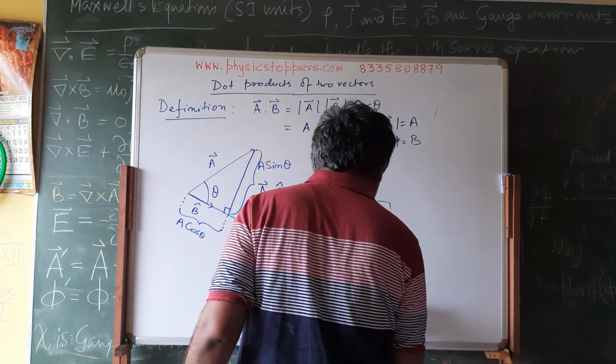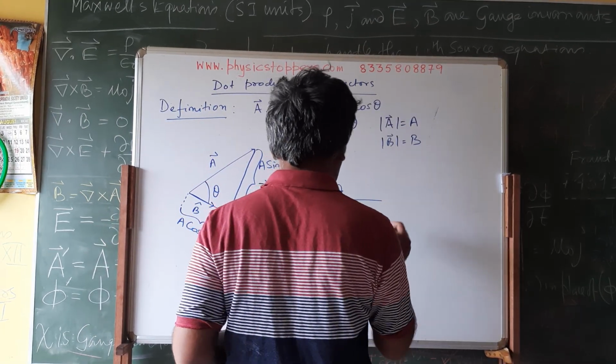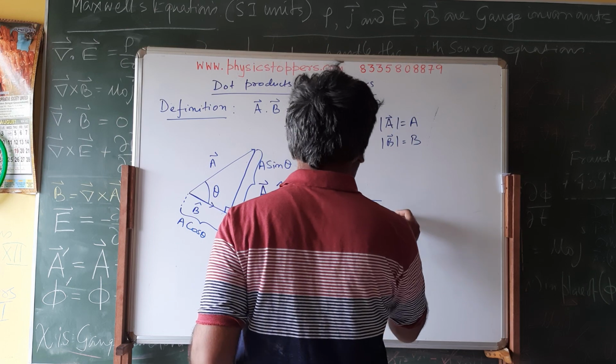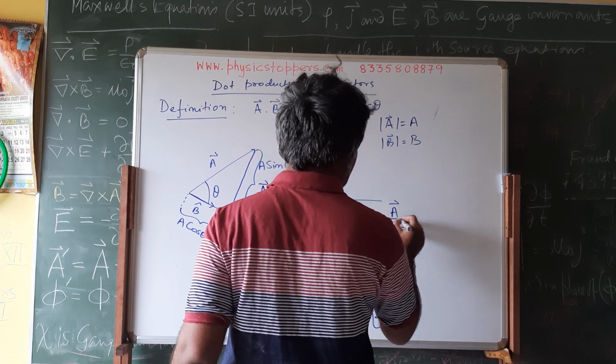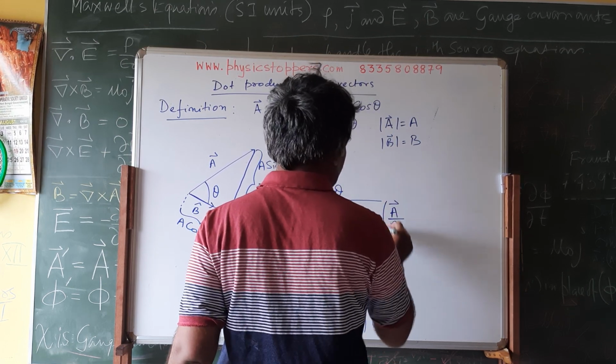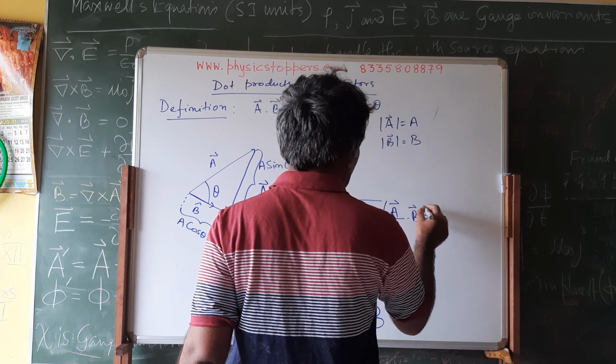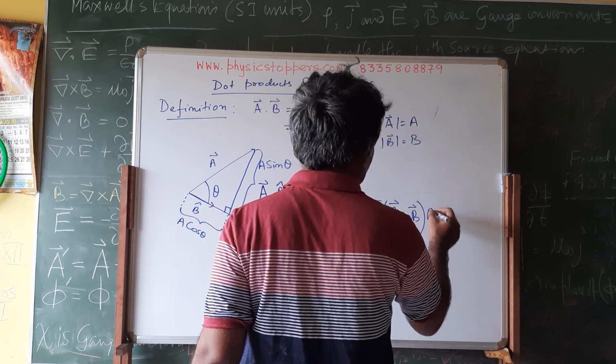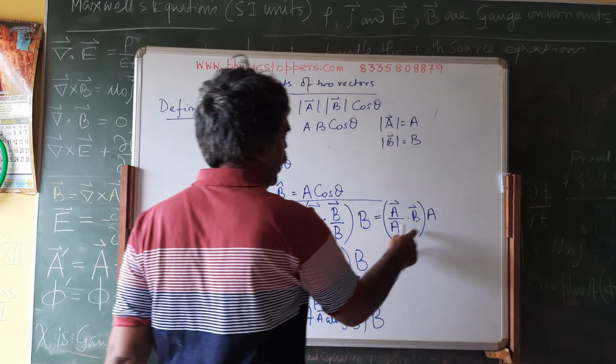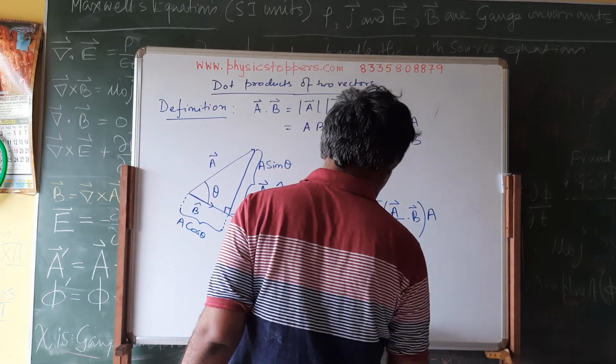You can also think of it like this. I can write this equation as A vector divided by A, dot B, and multiply by A. We divide by A and multiply by A, this we can always do.